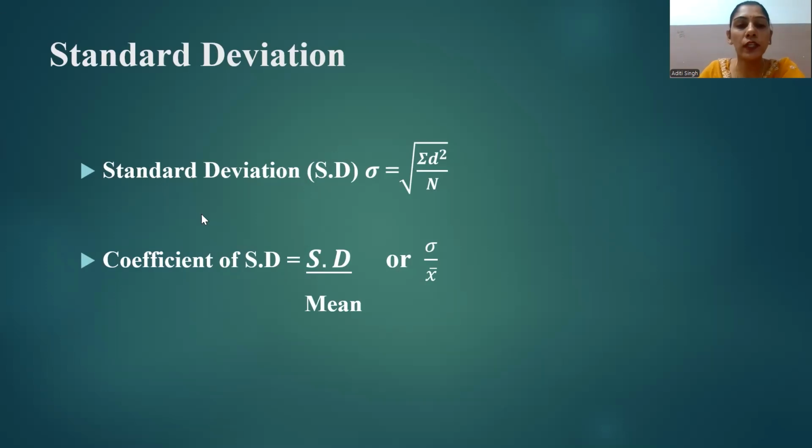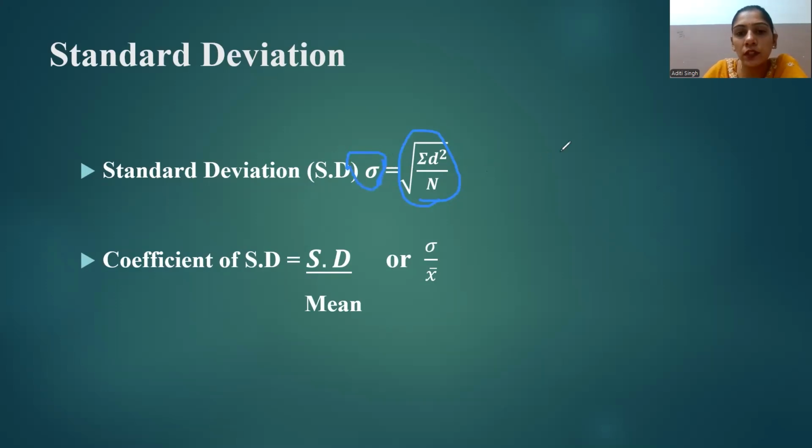The formula for calculating standard deviation is the square root of sigma d square divided by n. We also denote standard deviation with the sign of sigma.